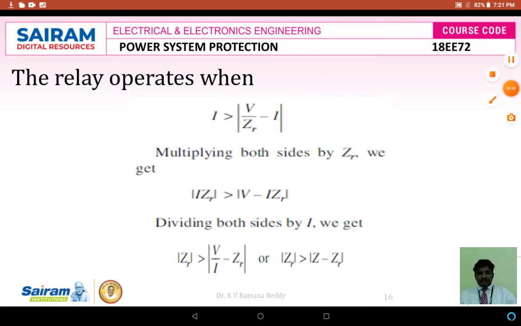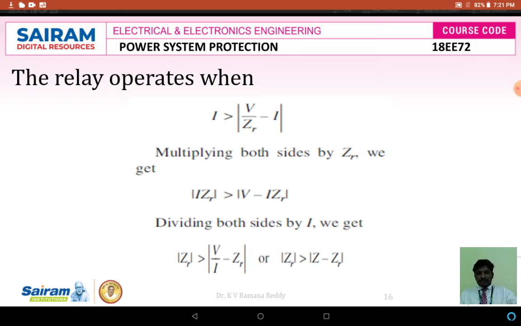from the left side, which is greater than the right side, where the ZR values get cancelled and V comes, and in the denominator again when we multiply with ZR, this becomes I into ZR. Then again, if we divide the above equation by I, the total equation turns into impedance.